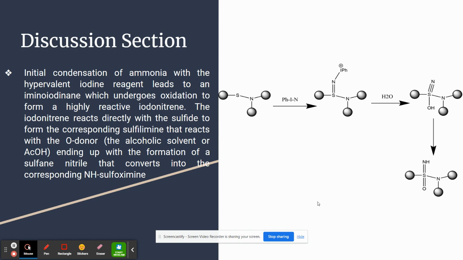Water is then added to form nitrosulfonyl azonide with the hydrogen, and the hydrogen is moved from the oxygen to the nitrogen.